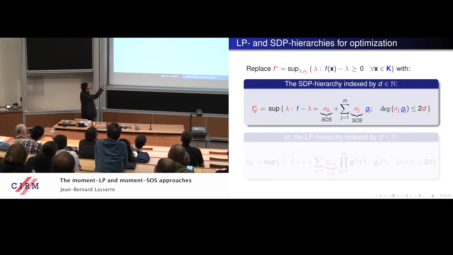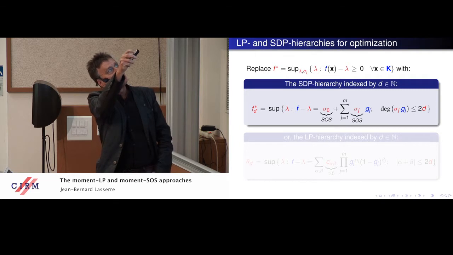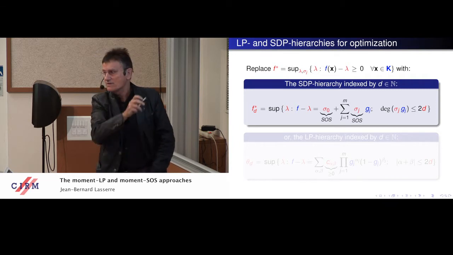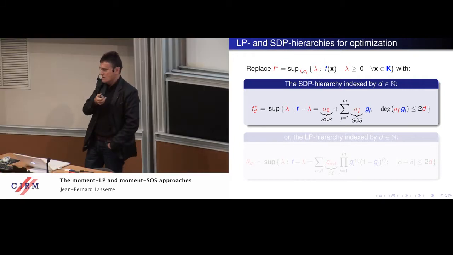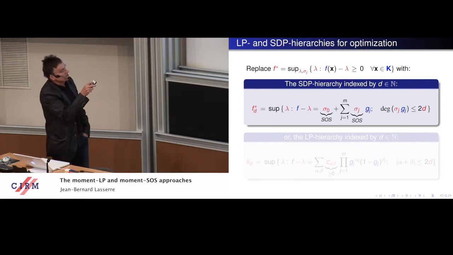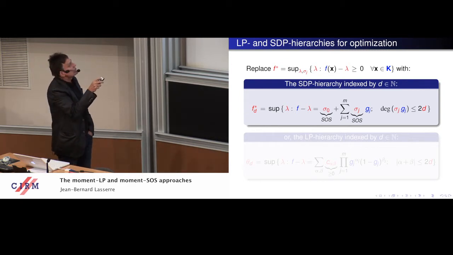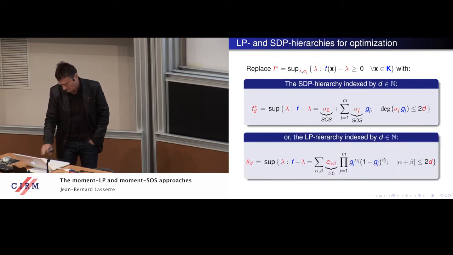And the idea is that you fix d, you solve this SDP, you obtain this lower bound on the global minimum, and you expect that if d is not too large, you would have a good idea of what f star is. And in fact, the good news is that with d usually very low, you get sometimes exactly the global minimum. That's the message.